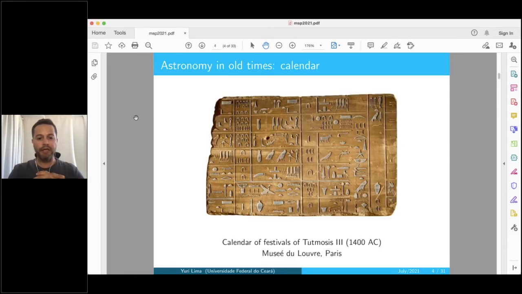For instance, you can see here a piece of stone. This is from the reign of a pharaoh called Thutmose III. It's from 1400 before Christ. It's actually in the Louvre. On this stone you have some inscriptions, which is a kind of calendar of the festivals that were organized during the year of this pharaoh.